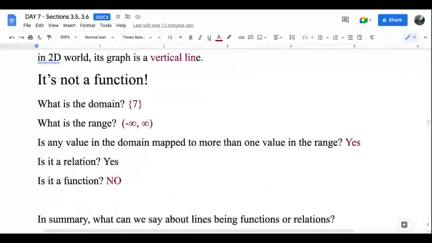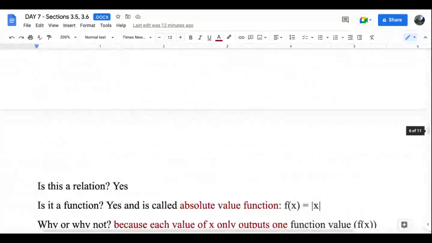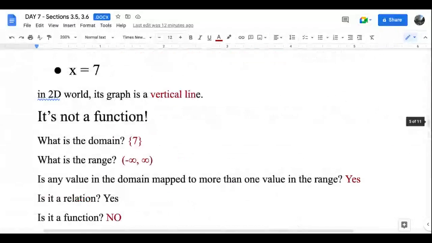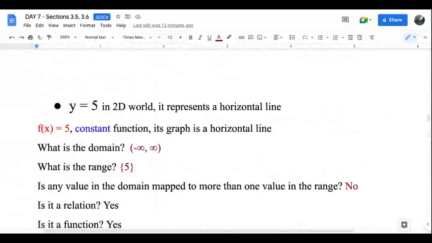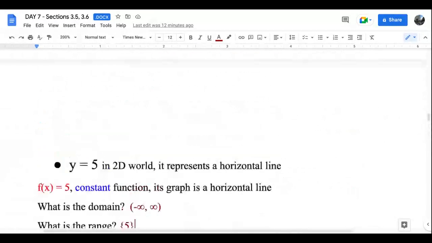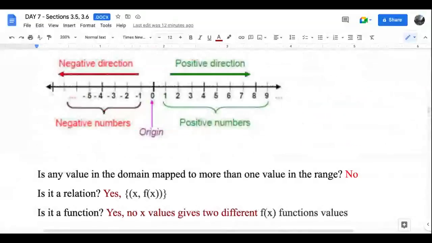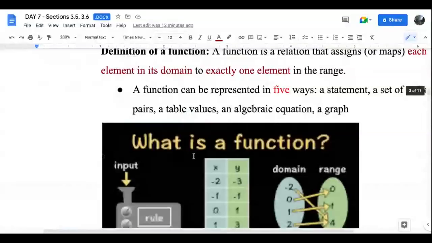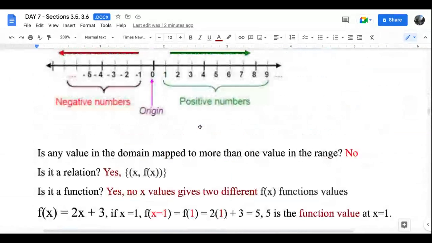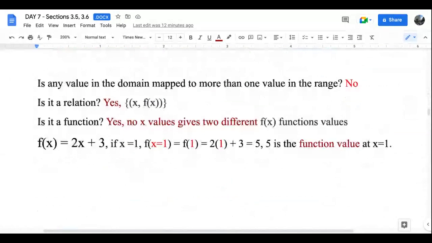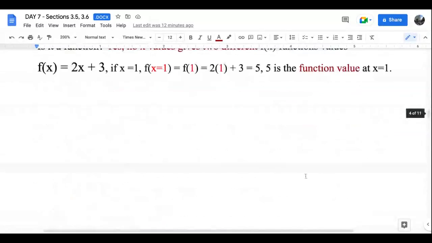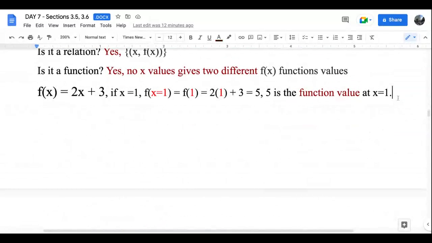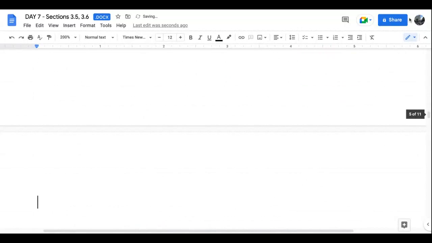Let me see if I have a graph. I don't really have a graph. The graph is a horizontal line. Okay, I don't have Cartesian. Okay, let me find one. So usually I just Google it.